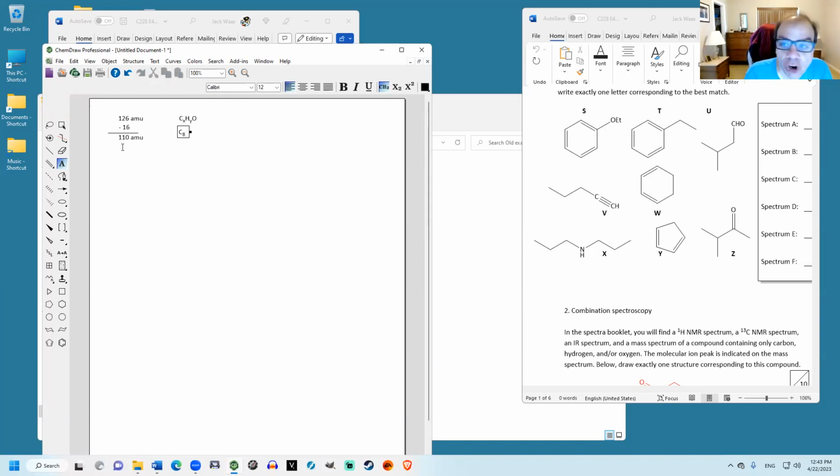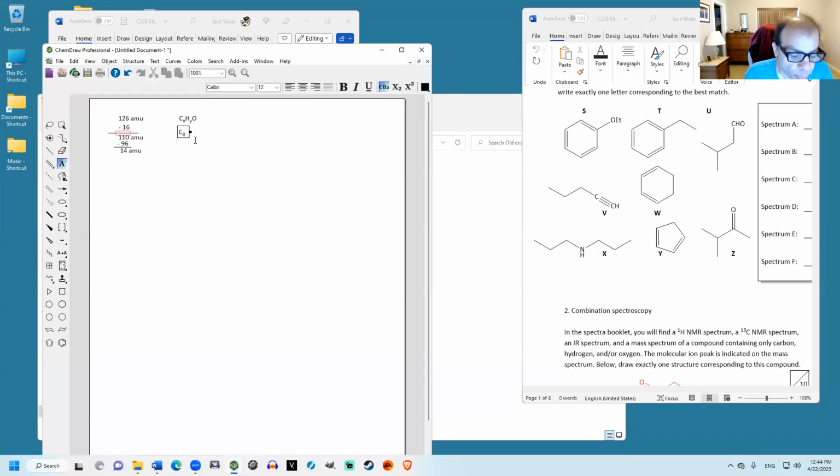So let's try 8 carbons. 8 times 12 is 96. 110 minus 96 leaves 14 AMUs for the hydrogens.